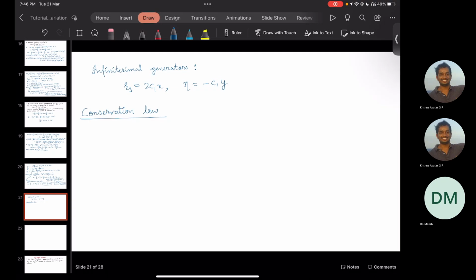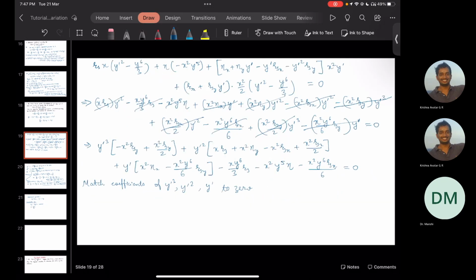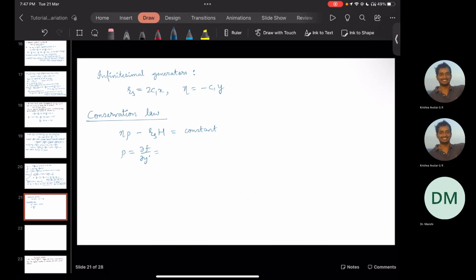From Noether's theorem, what we have learned is the conservation law is given as eta p minus xi into h is equal to a constant. Now p is equal to del f by del y prime, right? And what we have for p, del f by del y prime, we already know is x squared y prime.